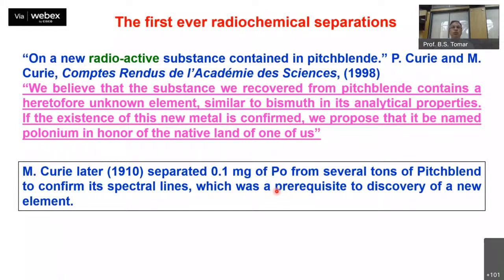That explains why these were the best experiments, first radiochemical separation experiments, and one of the best experiments in the history of science, where from several tons of pitchblende ore, she could separate 0.1 milligram of polonium to tell that this is a new element and that she proposed to name as polonium.